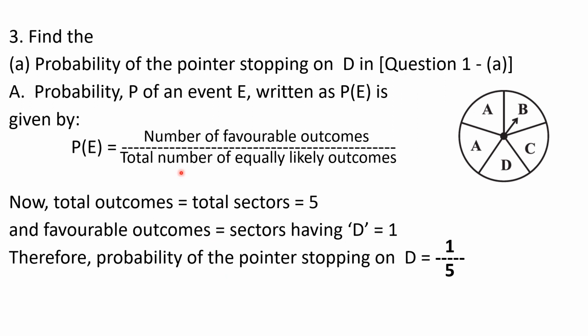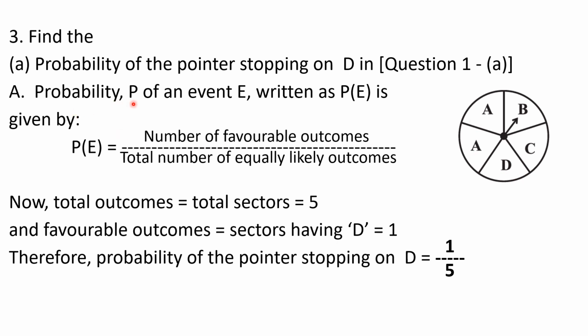Now question number 3. Find the probability of the pointer stopping on D in question number 1 part A. So we have put this picture here again so that we can see the figure of question 1 part A. This is the spinning wheel and there are 4 outcomes A, B, C, D and there are 5 sectors.